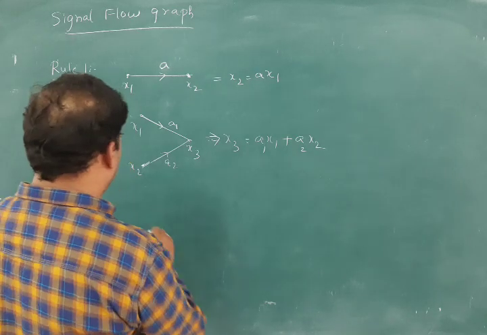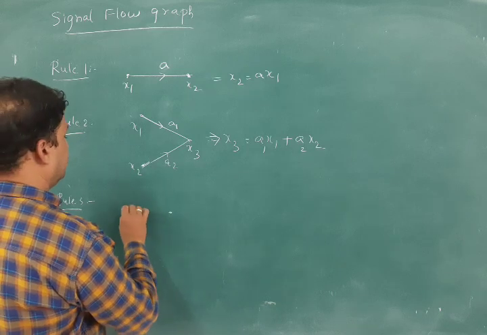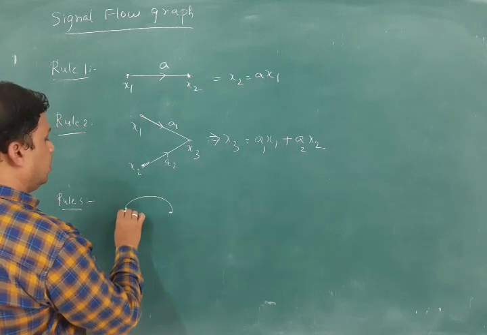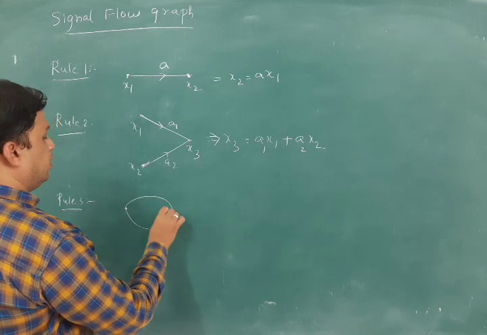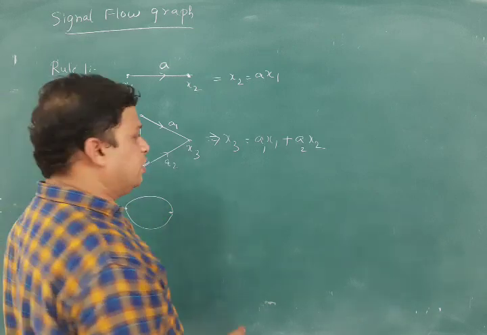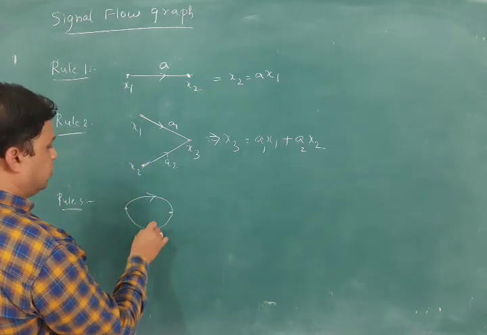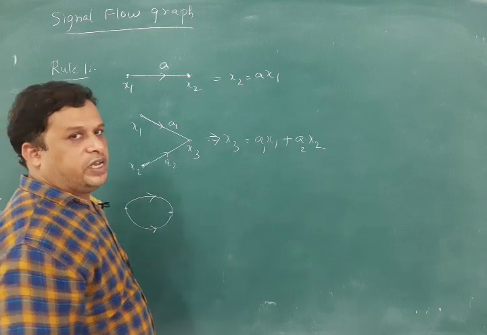Suppose this is one node, this is one node, and you are doing like this. If you are having this particular loop, what we call a loop, you have seen here their directions.